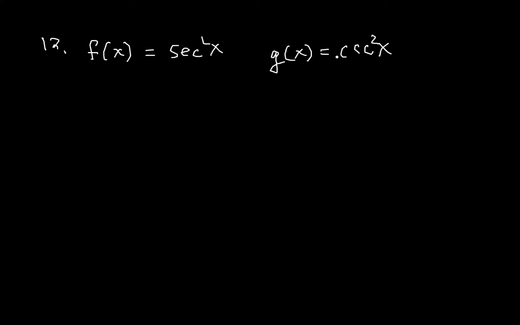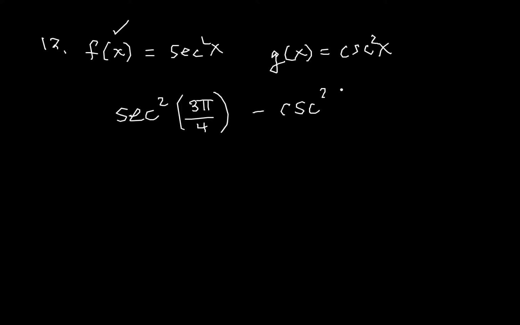You're going to find f of 3 pi over 4. We go to the f function and find secant squared, substituting in for the x, of 3 pi over 4. And g of x would be cosecant squared of 7 pi over 6.